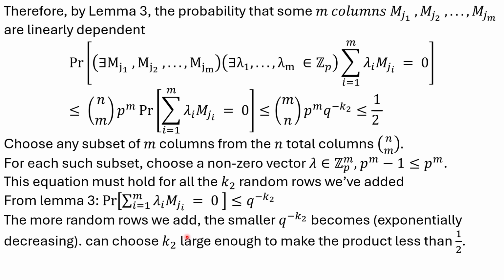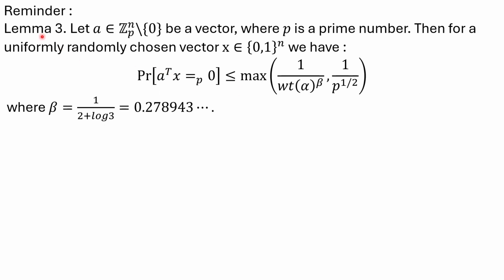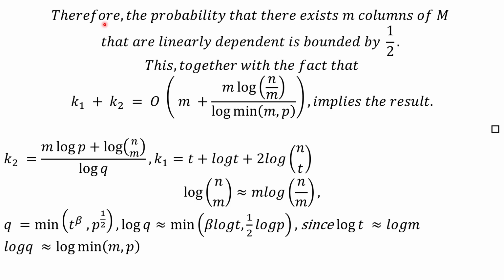We can choose k2 large enough to make the product less than half, because we used lemma 3. Here's a reminder of lemma 3. Therefore, the probability that there exist m columns of M that are linearly dependent is bounded by half.